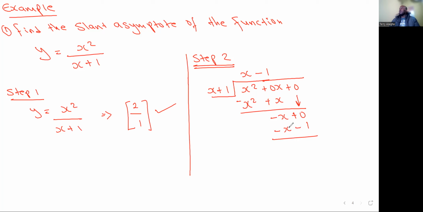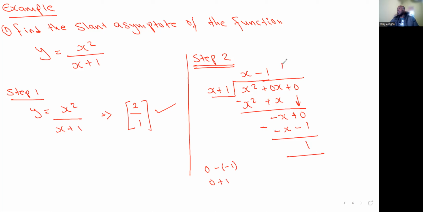All right? Then we'll subtract. Minus x minus minus x. Minus times minus will give you plus, so this will give you 0. Then 0 minus minus 1. Minus times minus will give you plus, so it'll be 0 plus 1, and that will give you 1 here. All right.